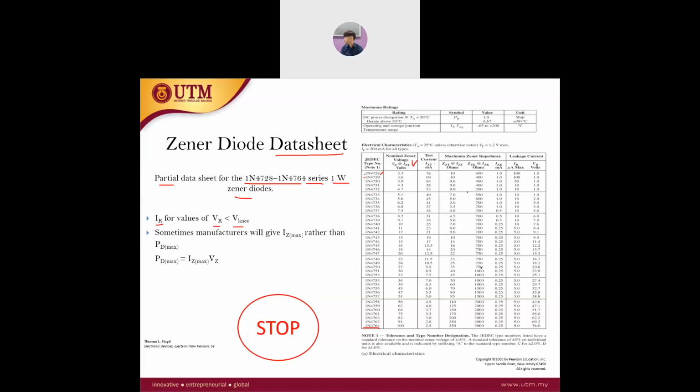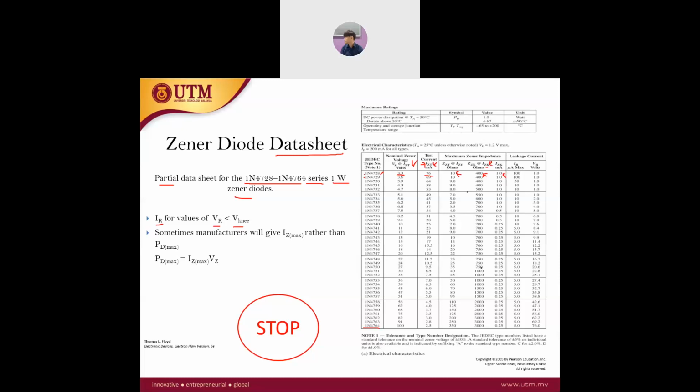So VZ is 3.3 volts at 76 milliamperes of IZT. Then this is the maximum Zener impedance. ZZT at IZT is 10 ohms. At IZK it is 400 ohms, and the current at IZK is 1 milliampere.